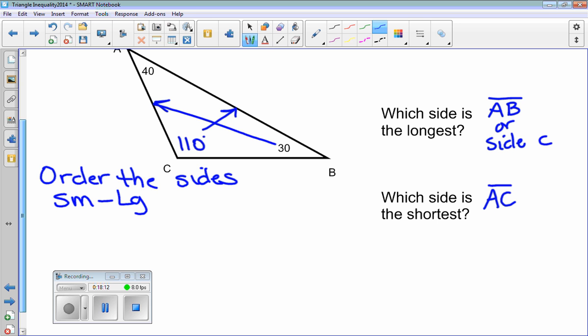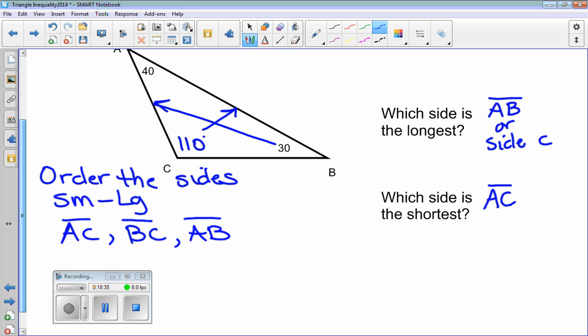So what would be the smallest side? You already have it. AC. We'll use the two letters. Okay? What's the next smallest side? CD, BC, either way, it doesn't matter how you write it. And then the largest side would be AB.